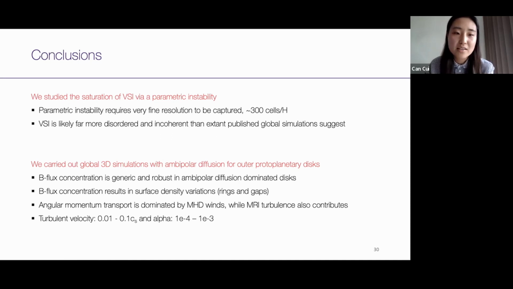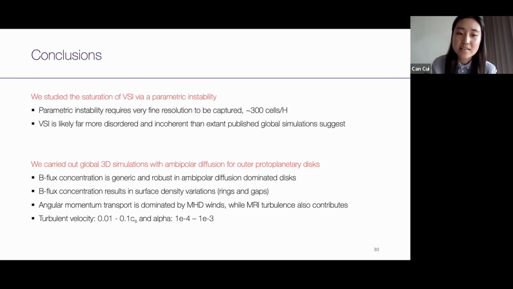We also carried out global 3D simulations with ambipolar diffusion, applicable to outer protoplanetary disks. We find the magnetic flux concentration is quite generic and robust in those ambipolar-diffusion-dominated disks.